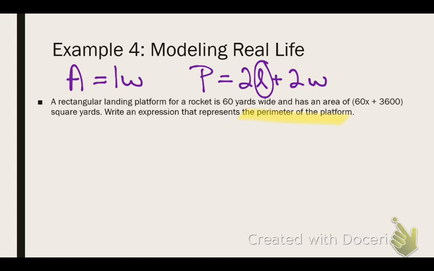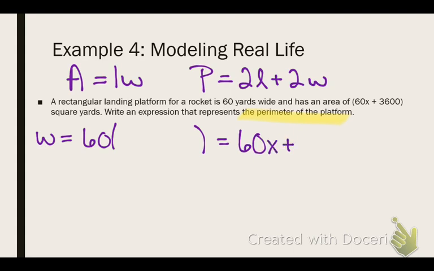Oh my gosh, you see that? Okay, so if you know the width equals 60, and I am going to multiply that by something, length times width, to give me my total area of 60x plus 3,600, you tell me what the length is.